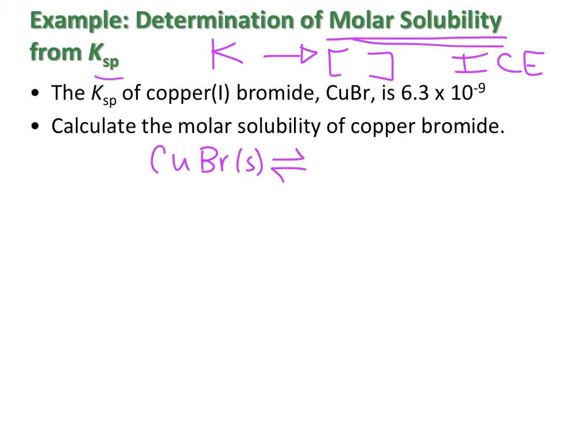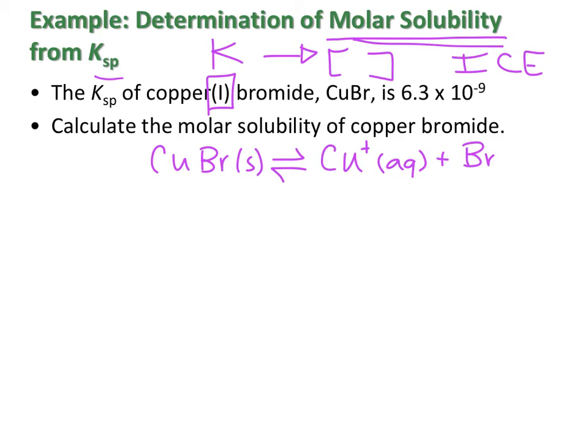So here we have solid copper bromide, and it's dissolving into its ions, which are Cu, and then we know the charge because of that Roman numeral right there. So it's Cu plus. Copper is a transition metal which can have more than one charge, but it tells us right there what the charge is.